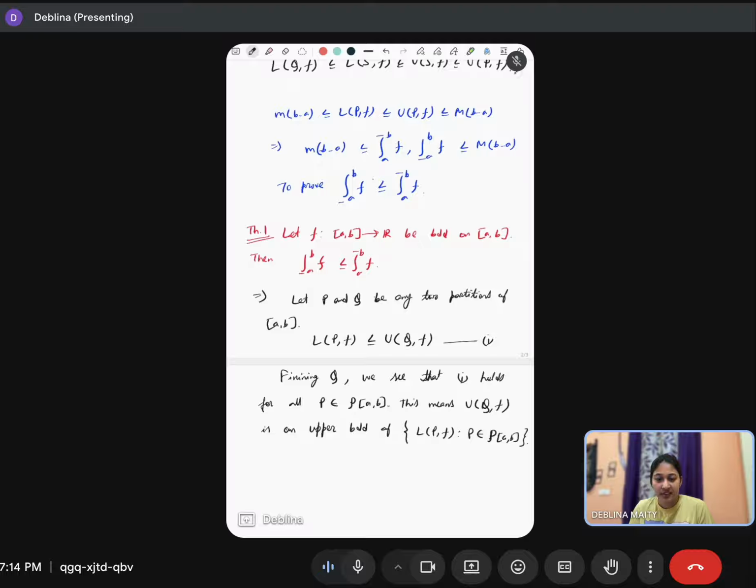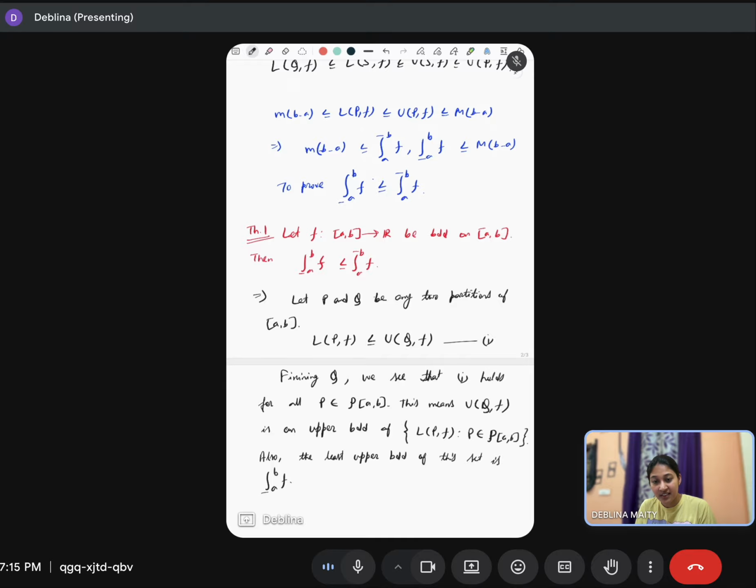And the supremum of this set is what? The least upper bound of this set is this number, right?